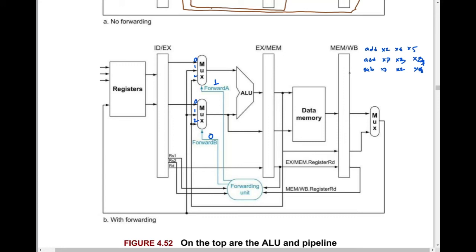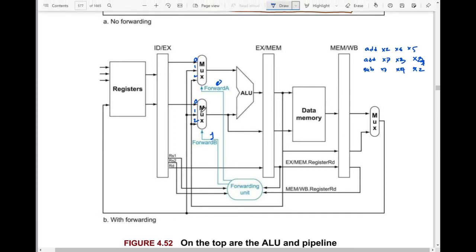If I now change this instruction to x4 and x2, now what will be the value? Forward A will be 0 and Forward B will be 1. So in that case, the value from this pipeline register should go here.